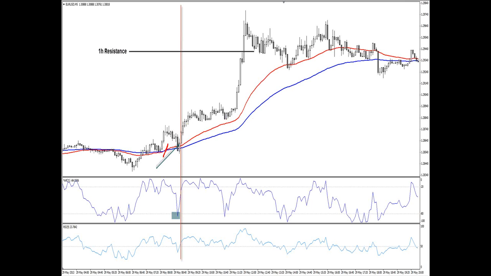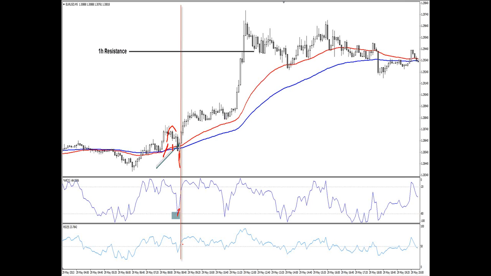This is a good example. Convergence, then divergence. You see the red line and blue line forming a trend. Then we see here is the swing. The trend has been formed here. We also see that at this point, the oscillator is going to minus 80, but is going up. This candle is that candle.